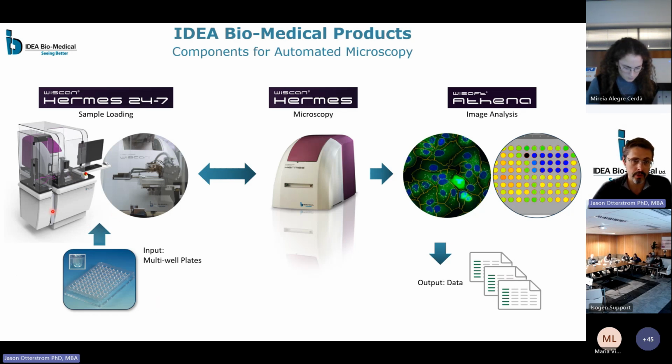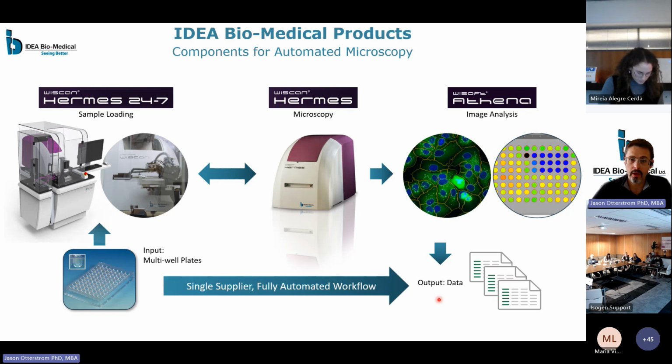We are now offering a stacker unit that can interface with a robotic arm that will pick up a plate, plop it into our Hermes microscope, which is our flagship product. It is a wide field automated microscope. The images that come out are then analyzed and give the output data for the users to use in downstream data mining or other types of analysis. So in this fashion, from a single supplier, you can get a fully automated workflow for your 3D cell culture needs.